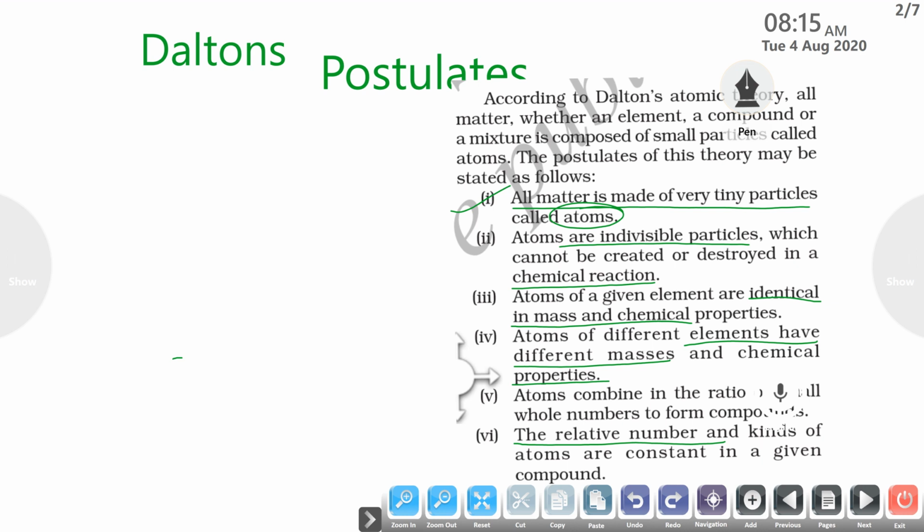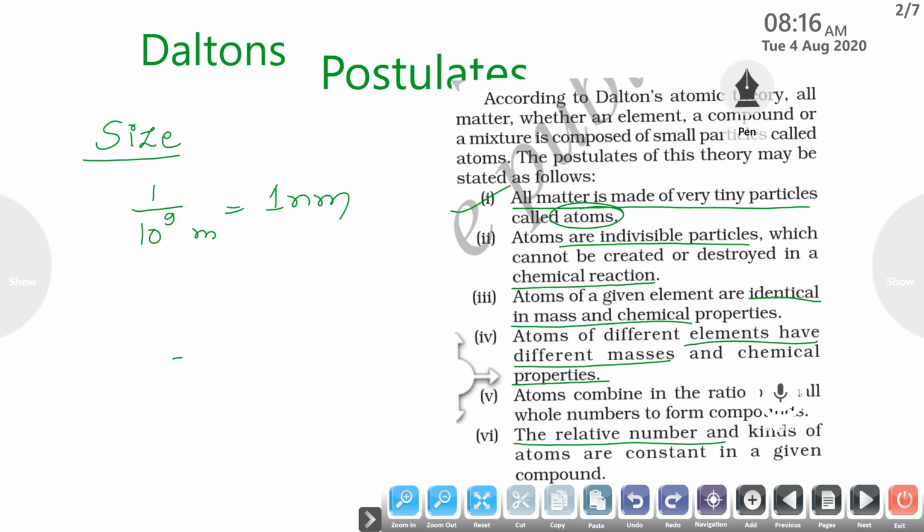So, now next, what is the size of the atom? Here, the size of the atom is very small. However, it can be shown by 1 by 10 to the power of 9 nm. It is called 1 nanometer. It is the size of an atom or atomic radius.